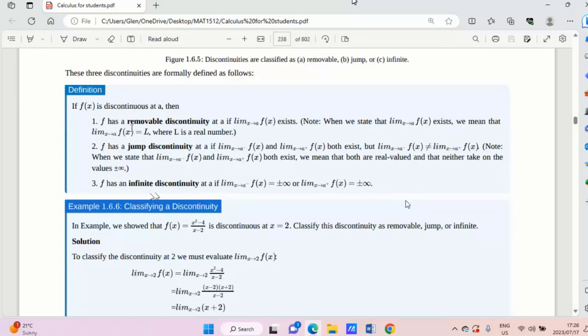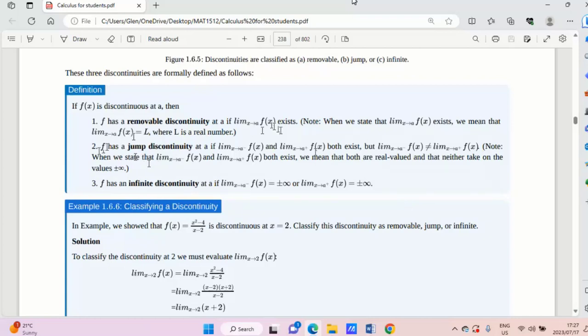Just to remind you, f has a removable discontinuity if the limit of f of x as x approaches a exists. Now, number 2, Abdul, then I will request you to revisit what you just said to us.